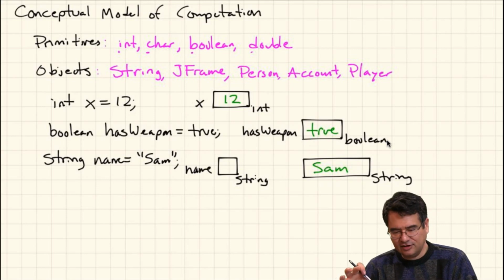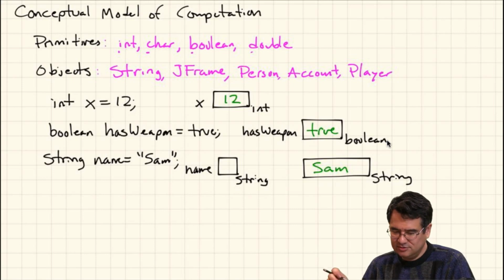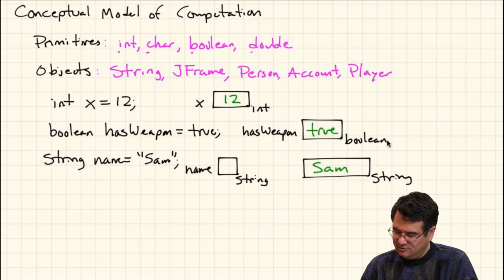Okay, so we've got a second box whose label is name, whose type is String, and what goes inside that box is not the word Sam, but actually what's called a pointer to the actual string. And so in this conceptual model, this string right here exists somewhere in the computer's memory. I don't know exactly where it is, but let's guess.